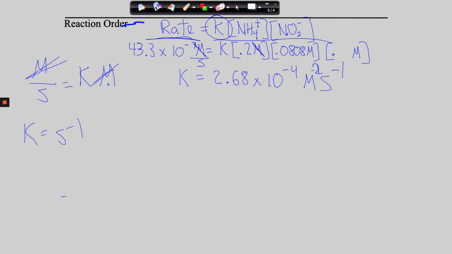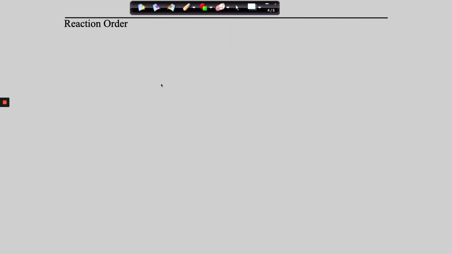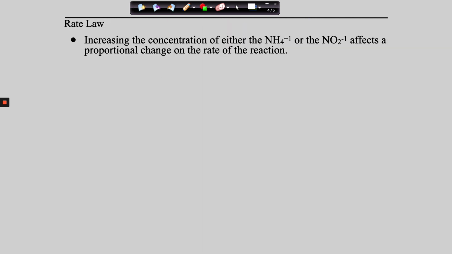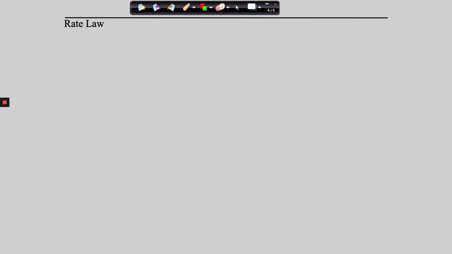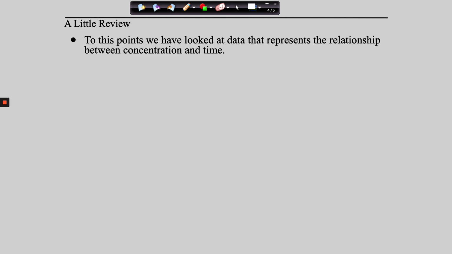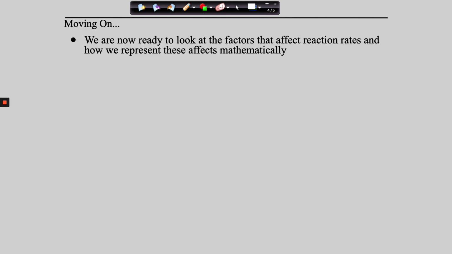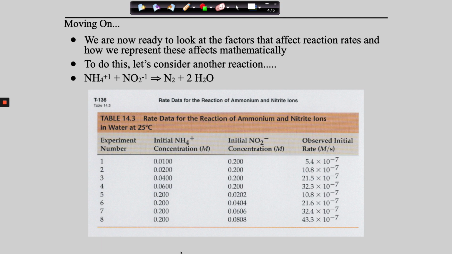This is our rate law. And if there is nothing written up here, what are the understood exponents? Ones. So why did we understand these exponents to be ones? The answer is right here.